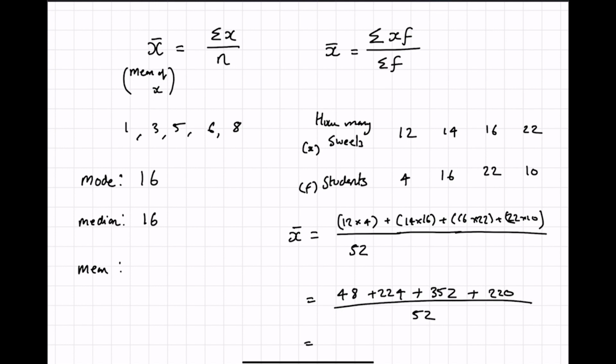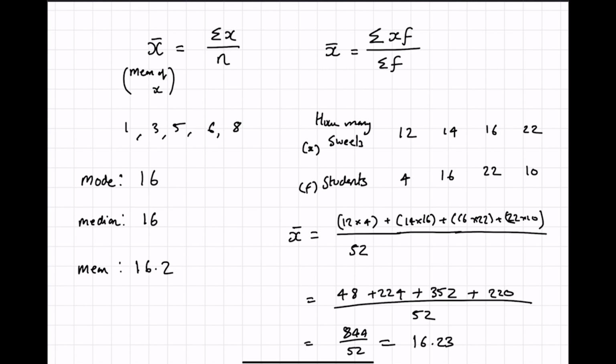So the sum of this is equal to 48 plus 224 plus 352 plus 220, which gives us 844 over 52. And if we do that, we get a final answer of 16.23. So to one decimal place, that's 16.2.